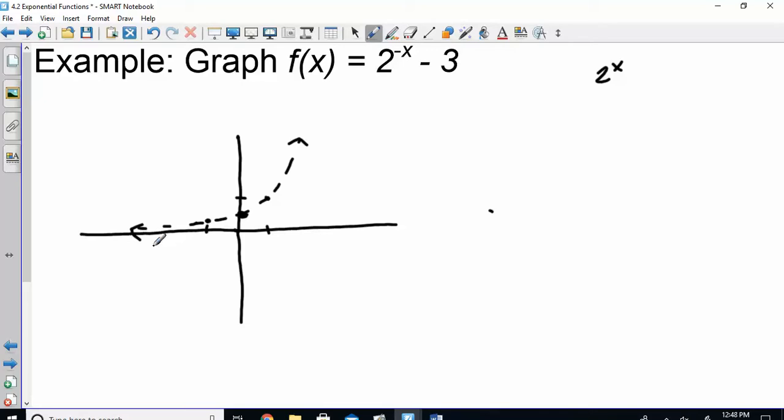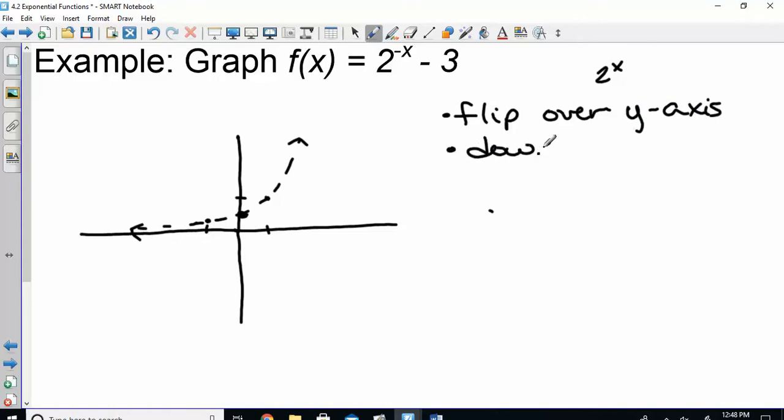Okay, so then transformations this time. A negative on the x does what? Flip over, making your x's negative, so it flips it across the y.